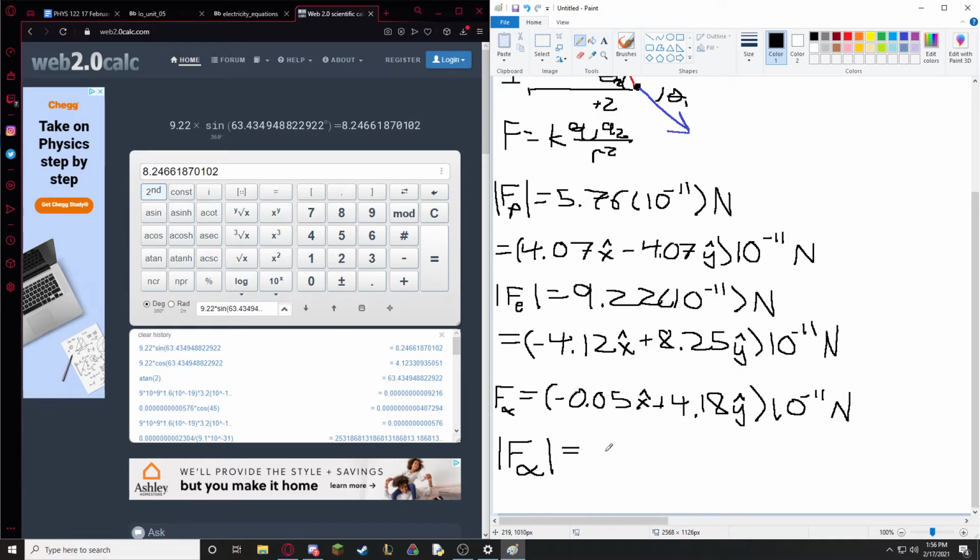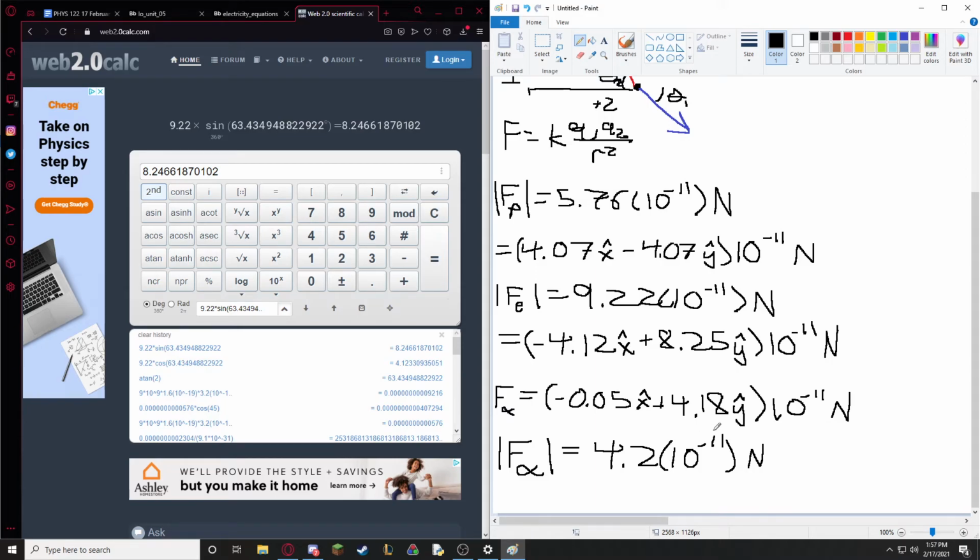Yep, exactly. So it'd be the square root of x squared plus y squared, which, spoiler alert, because our y component is much larger than our x component, it's going to be about the same as our y component, about 4.2 times 10 to the minus 11 newtons, since our y component is significantly larger than our x component.